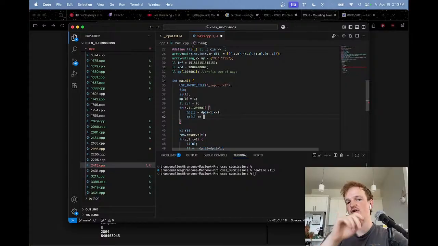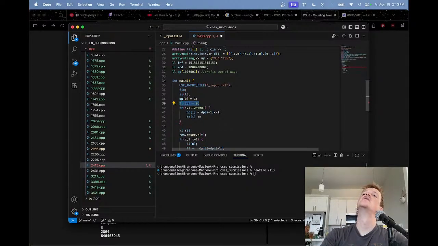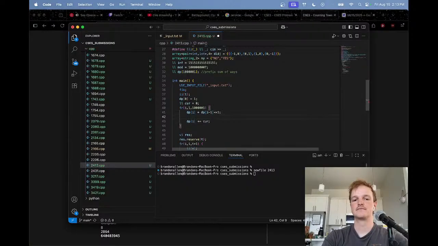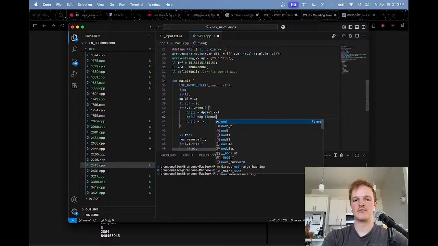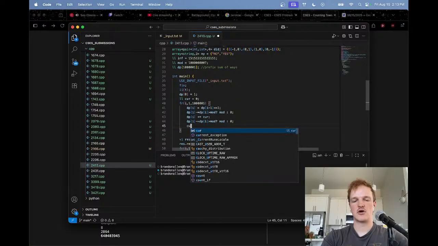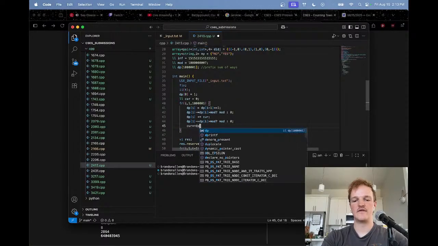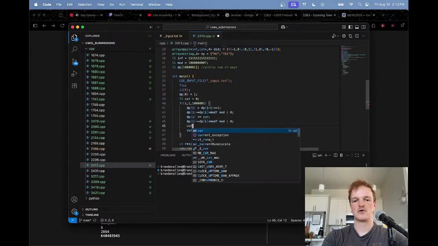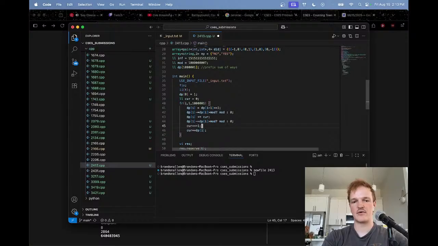But then also there's cur. I think I could say dp at I plus equals cur, minus equals mod if dp at I is greater than mod, else 0. Cur plus equals dp at I. Cur goes up.